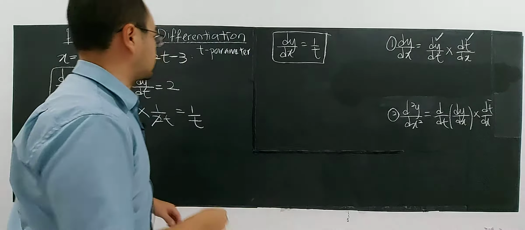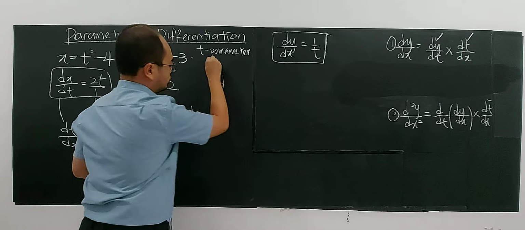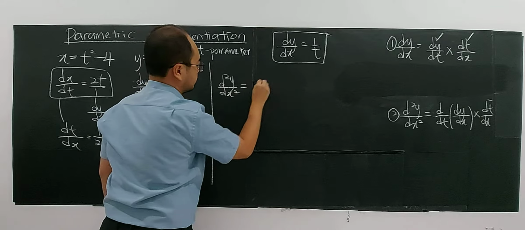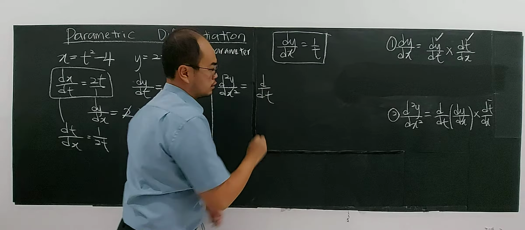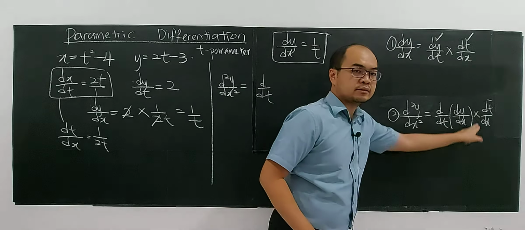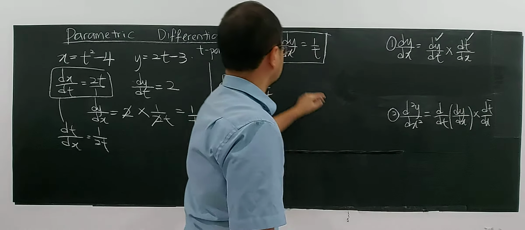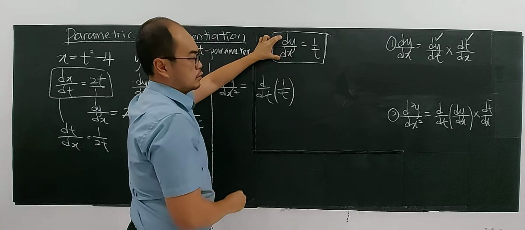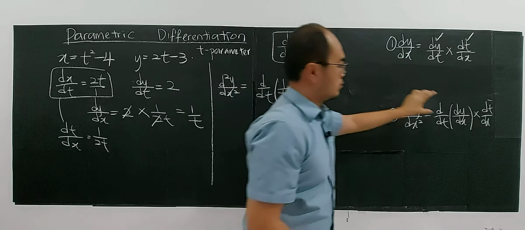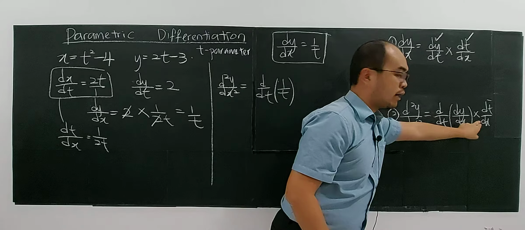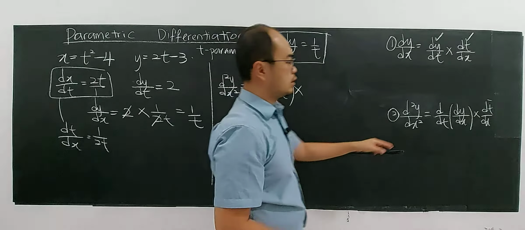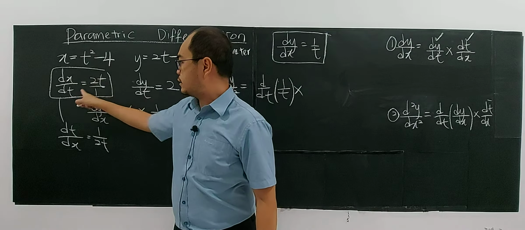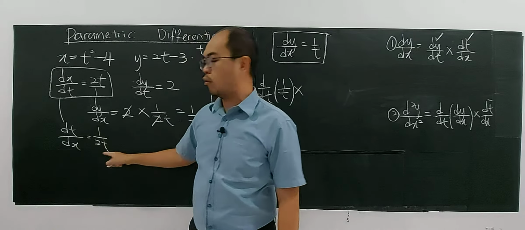So now I want to find the second order differentiation. You know that your d2y/dx2 is d/dt of dy/dx, multiplied with dt/dx. Your dy/dx in terms of t is 1 over t. So you put your dy/dx into this formula and multiply with dt/dx. Dt/dx you can get from here: dx/dt is 2t over 1, so dt/dx is 1 over 2t.